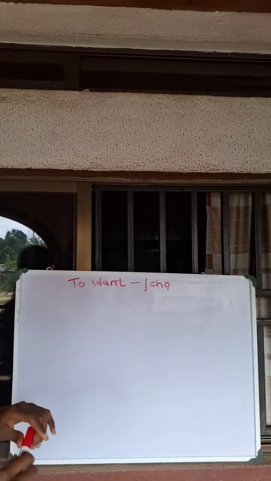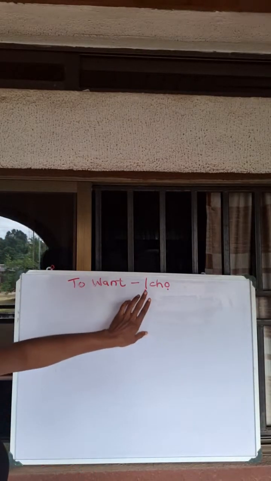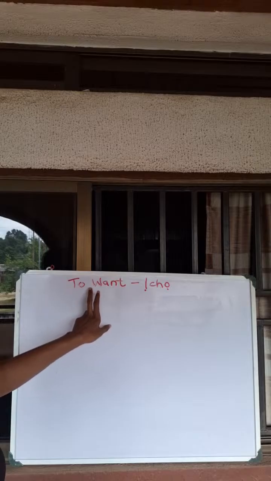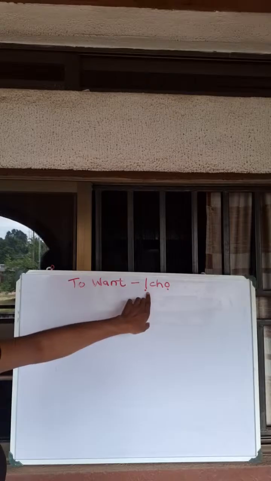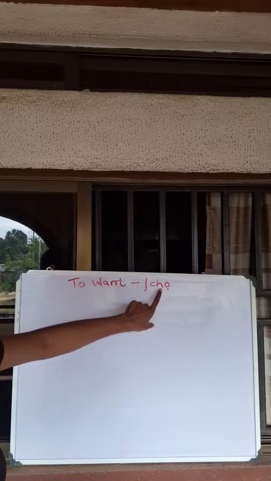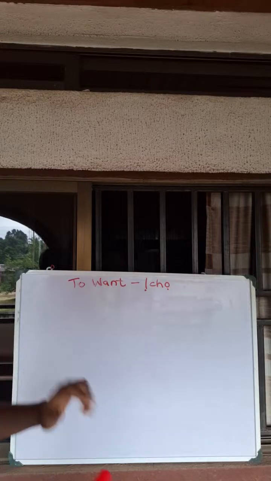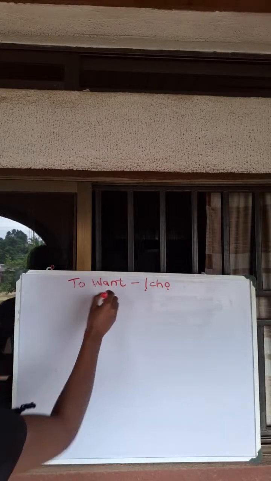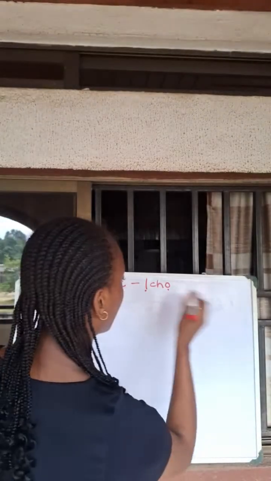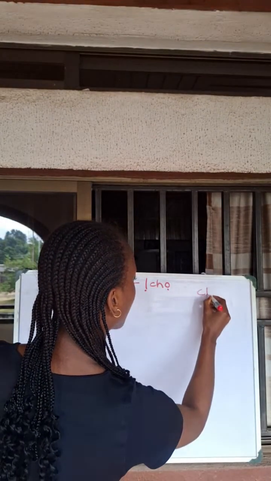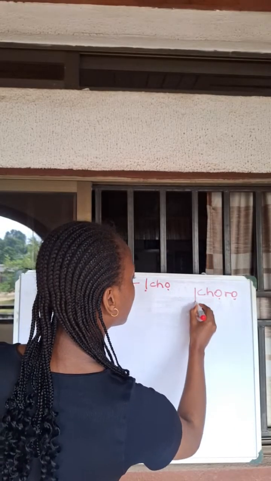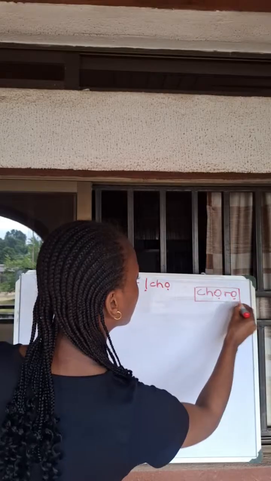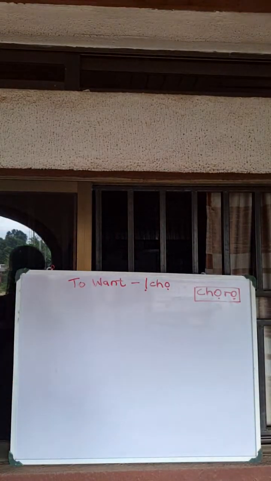Remember from the last live video, I said infinitives like this, to want, to say, to talk, to cook, usually start with I or A. So this one starts with A. Ịchọ. Now this word, want, is chọrọ. I'll write it by the side here. I hope you can see the board clearly.